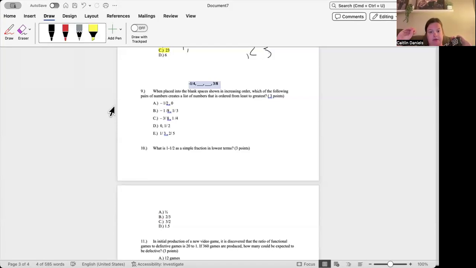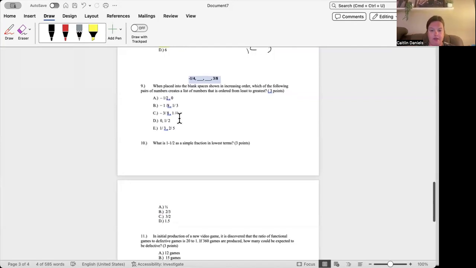When placed into the blank spaces shown in increasing order, which of the following pairs of numbers creates a list of numbers that is ordered from least to greatest? So we are showing negatives, fractions.